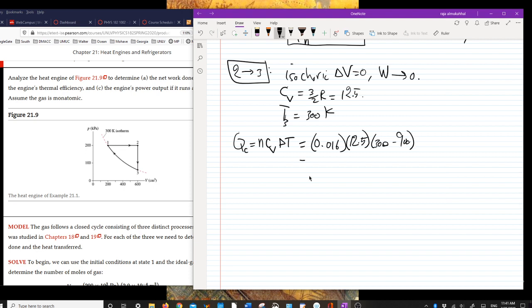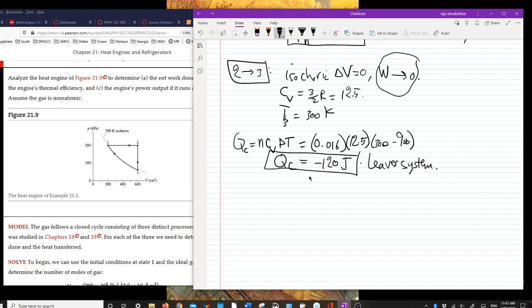Look at this, negative, but it's out. This is going to give me negative 120 joules of heat. So this is Q sub C. Let me box it here. This is heat leaving the system. All right, so the work is 0 as well. Did we mention that? Okay.